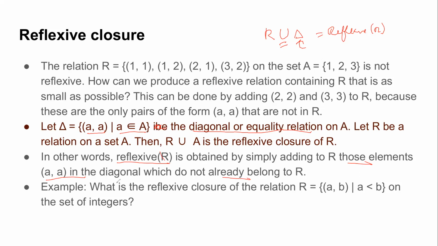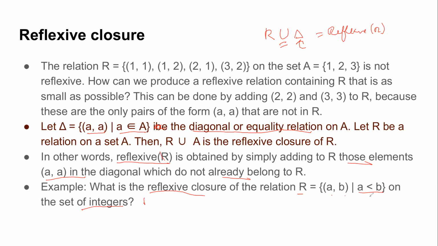Okay, now can you try this one? What is the reflexive closure of the relation (a,b) such that a is strictly less than b on the set of integers? If I want to make this relation reflexive, what form of ordered pair should I add to it? Yes, class. What should I add to this relation? So I already have a strictly less than b.